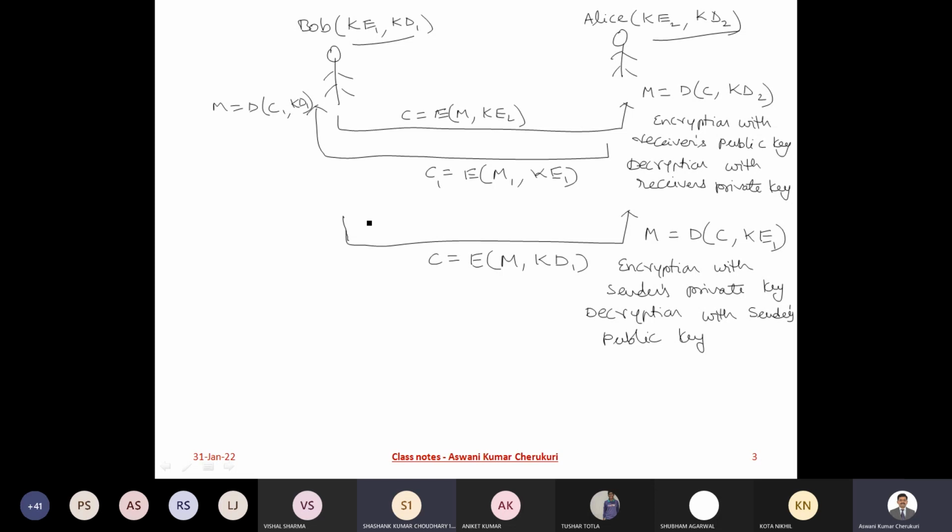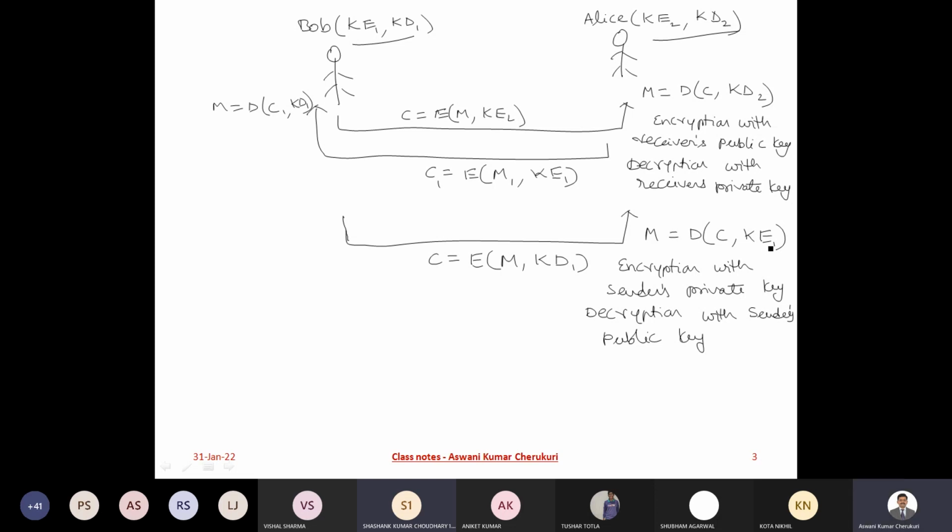Decryption is supposed to be done with the public key of Bob, because it is encrypted with the private key of Bob. So Alice will be able to decrypt the message by using the public key of Bob.